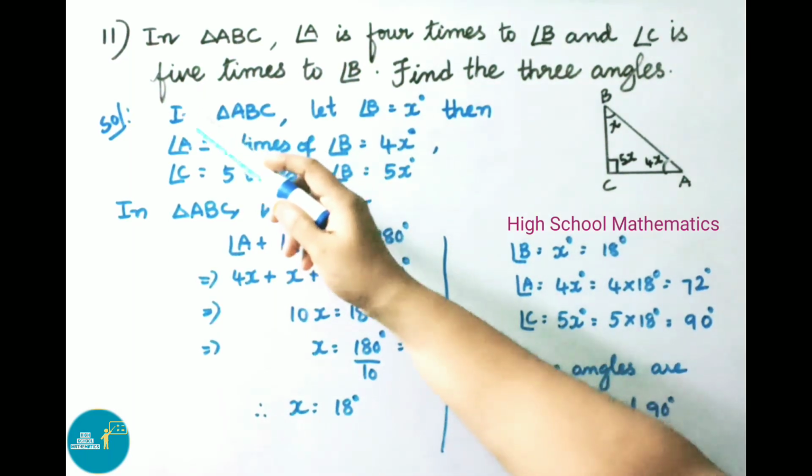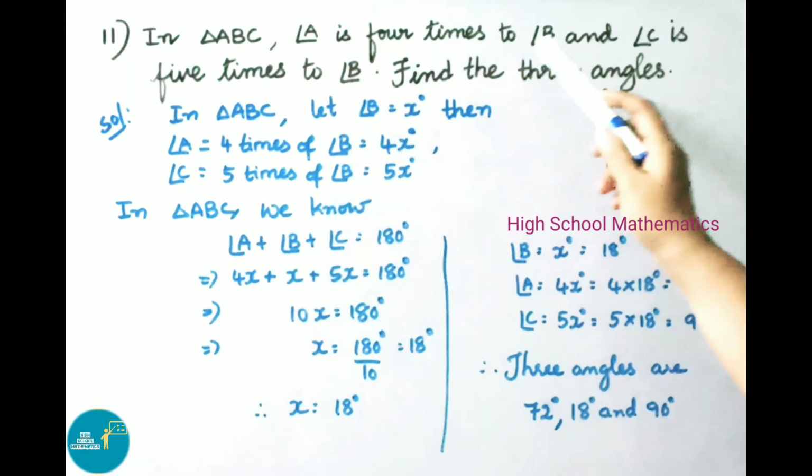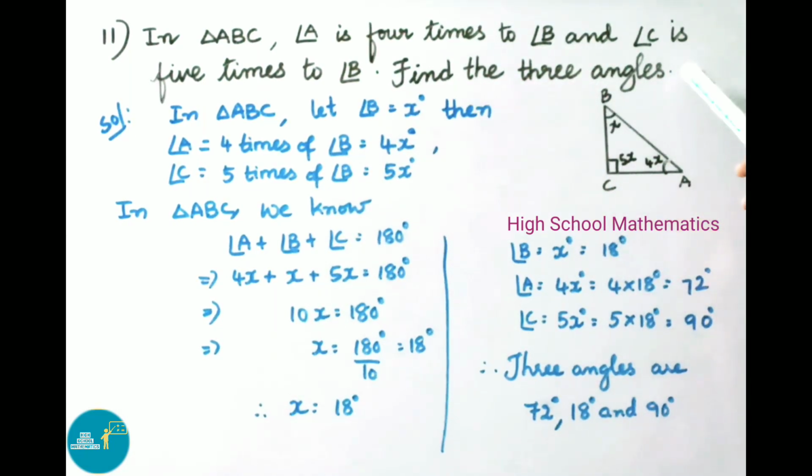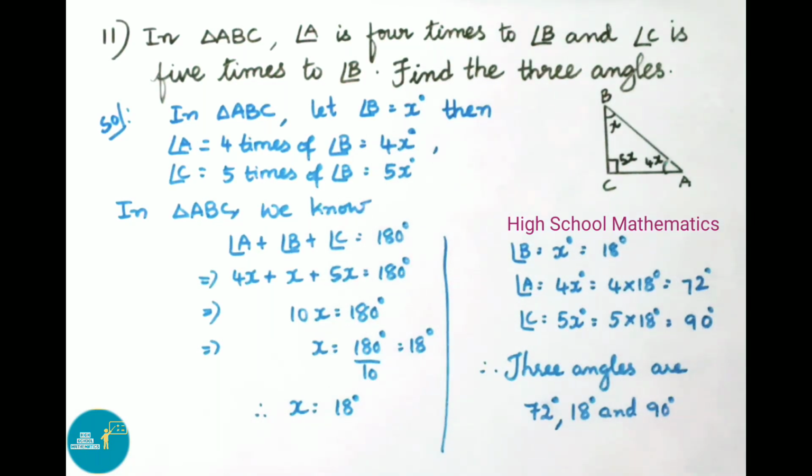See now question number 11. In triangle ABC, angle A is 4 times to angle B and angle C is 5 times to angle B. Find the three angles. Let us see the solution. In triangle ABC, let angle B equals to x. Then they have given angle A is 4 times of angle B, that is 4x.